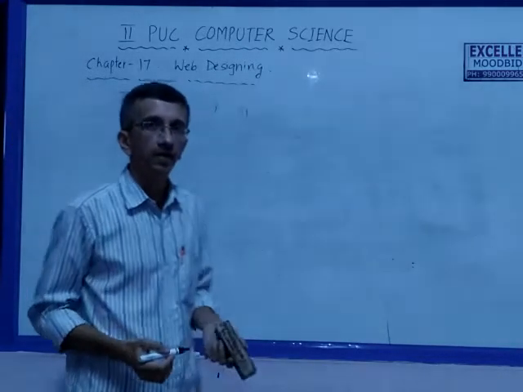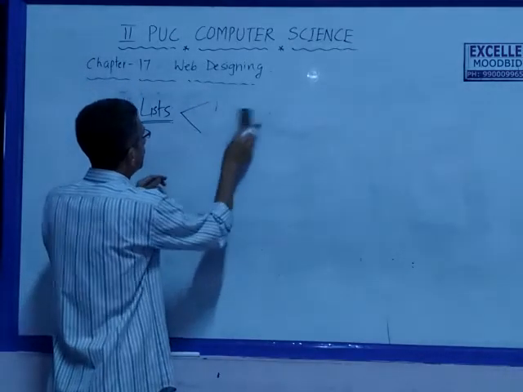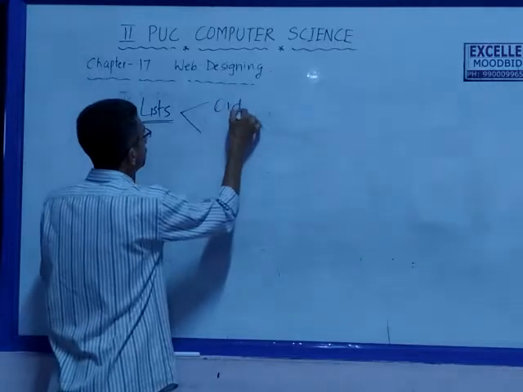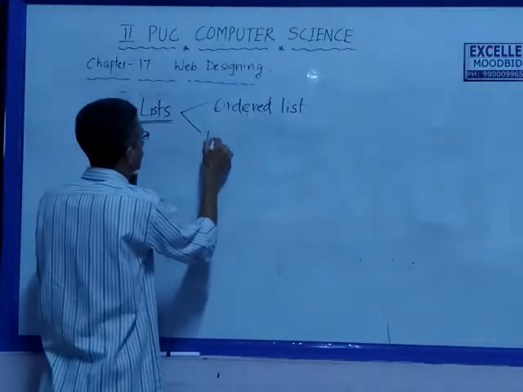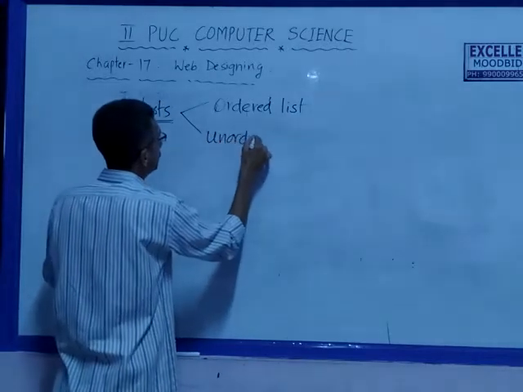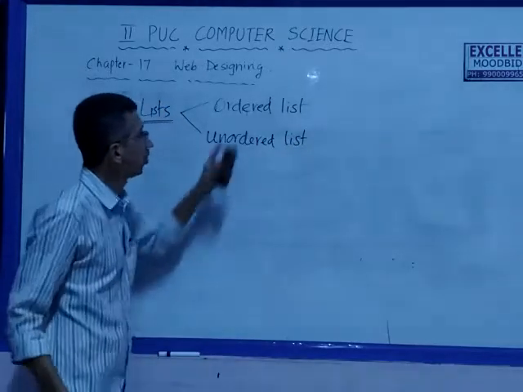In HTML, we have basically two types of lists, ordered list and unordered list. You know, basic ordered list.